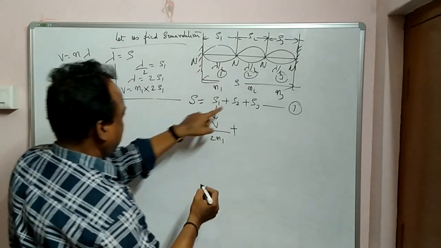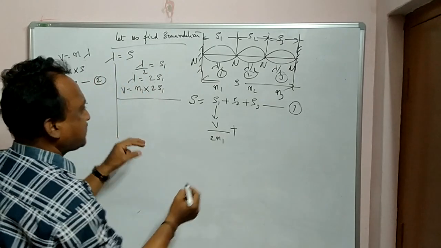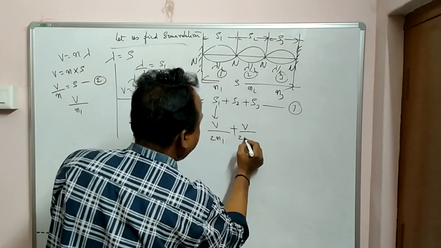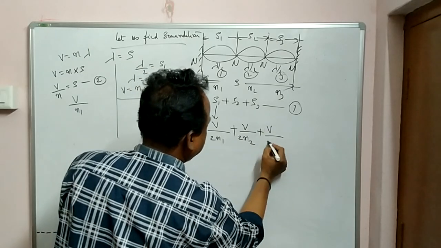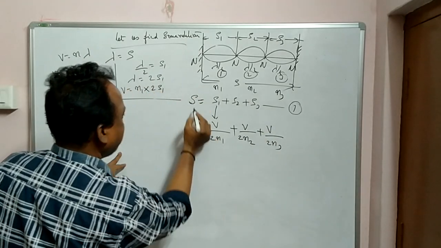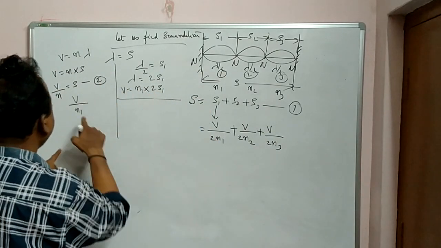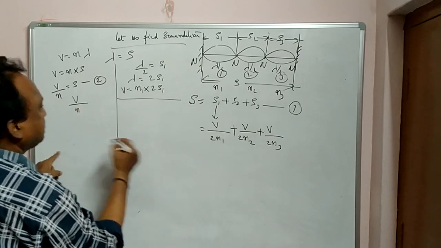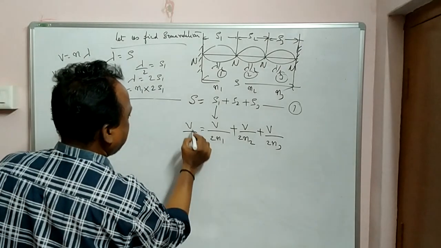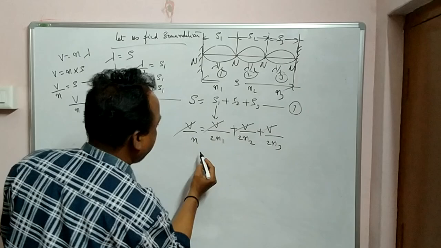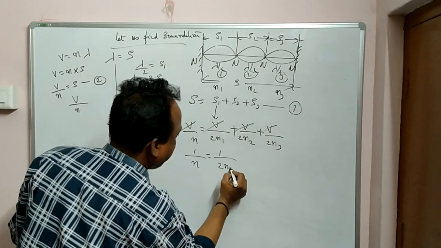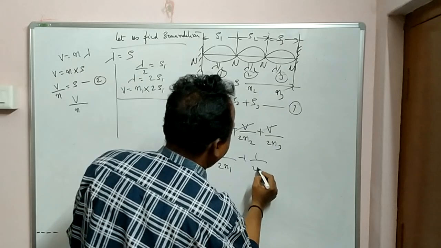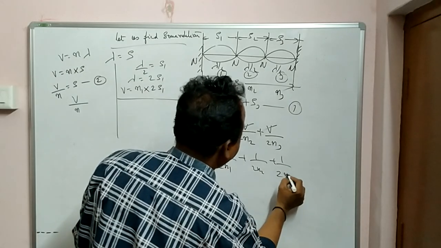In the same way S2 is V by 2n2, S3 is V by 2n3, and this is equal to S. What is S? V by n. Now V is common, you can take it out. So 1 by n is equal to 1 by 2n1 plus 1 by 2n2 plus 1 by 2n3.